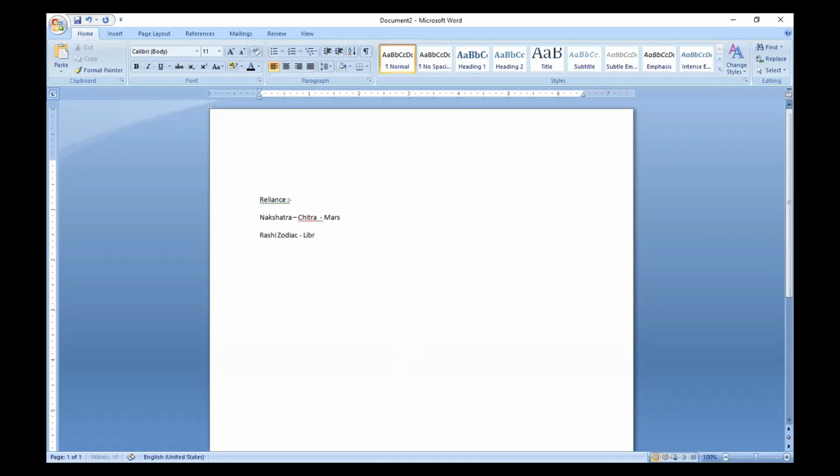That is Libra. So don't worry, I will share the complete document in which you will see the Rashi, zodiac sign, corresponding nakshatra, and their alphabet. I will share the complete list. Zodiac sign is Libra. Lord of zodiac Rashi is Venus.